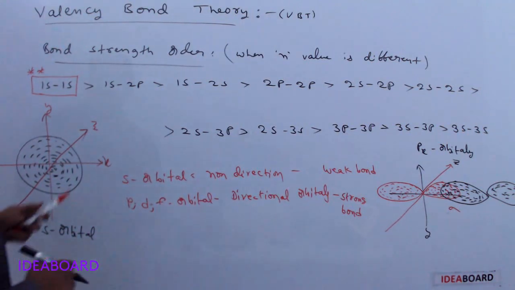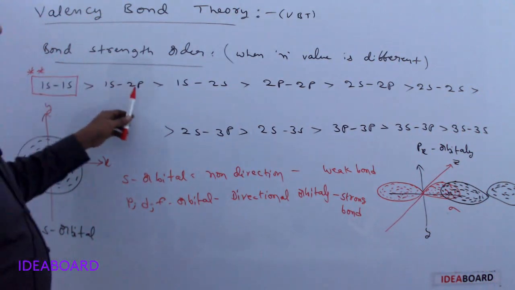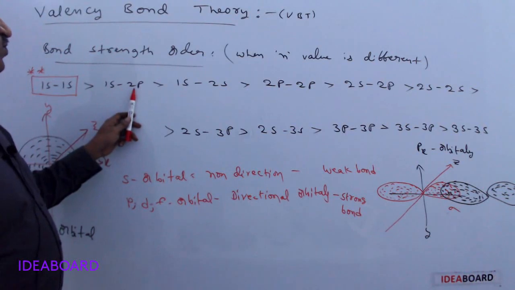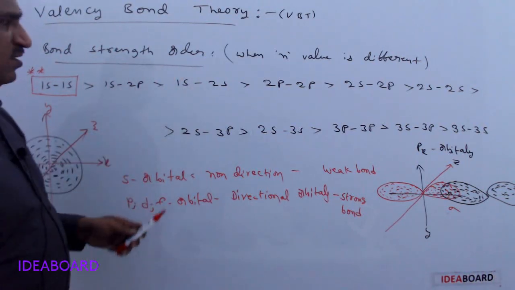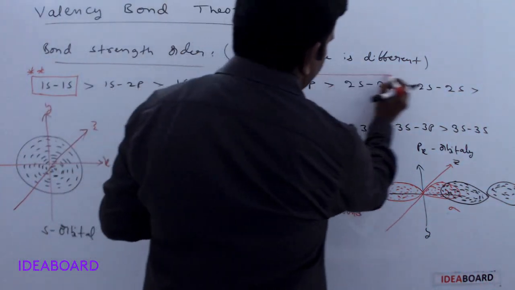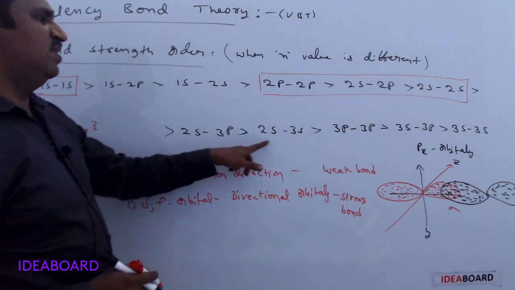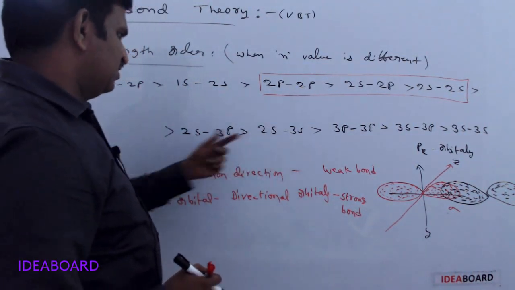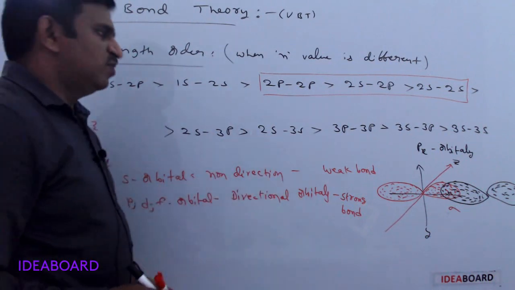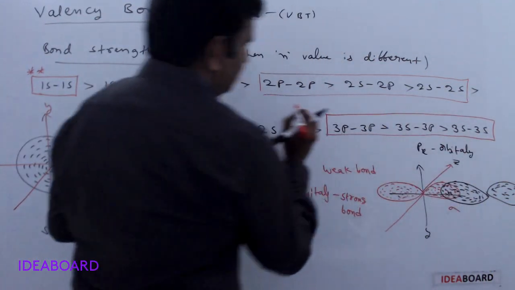In this, 1s1s is the strongest one, and next 1s2p and next 1s2s. See here, the n value 1s2p, 1s2s is taken here, and next we can remember this very easily: 2p2p, 2s2p and 2s2s, and then 2s3p, 2s3s. First you are getting the p orbital, because we said p orbital is having more overlap, and this is the order.